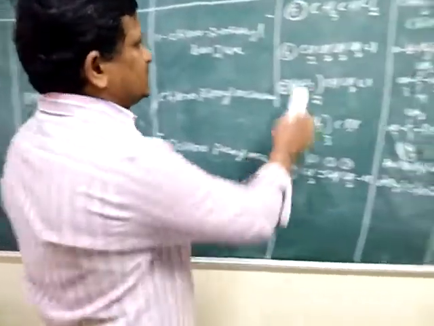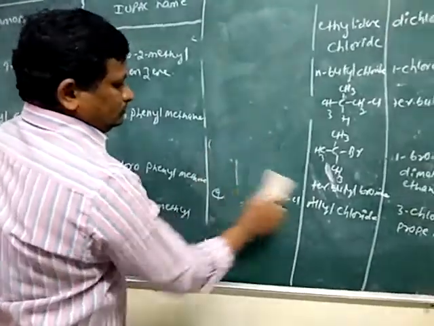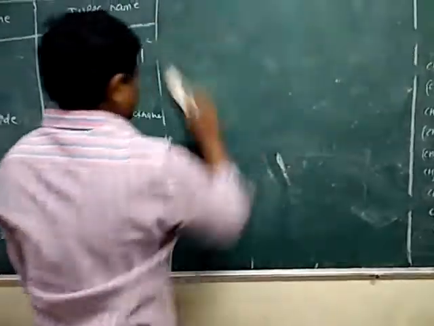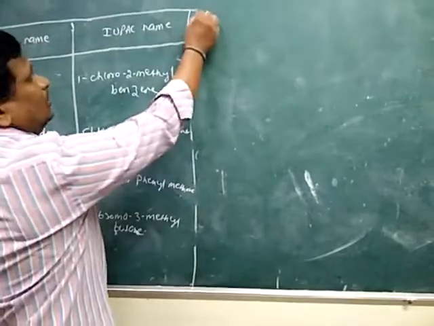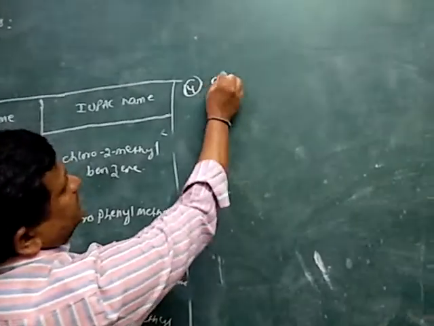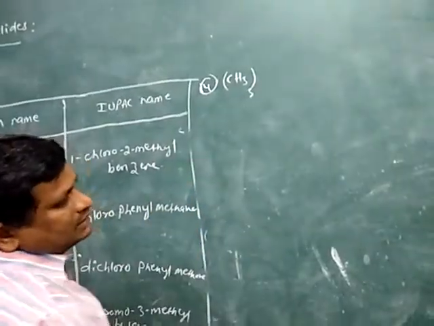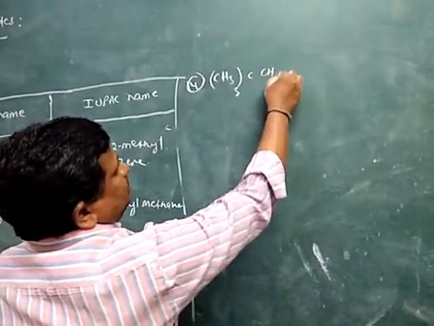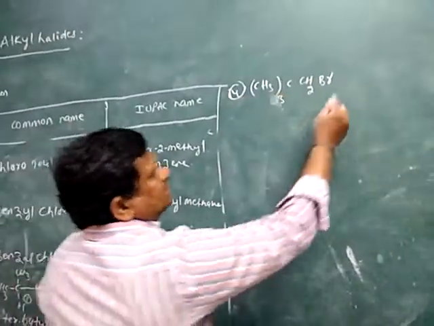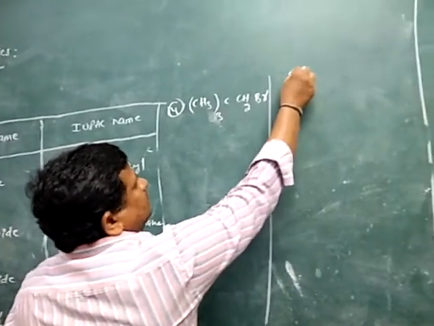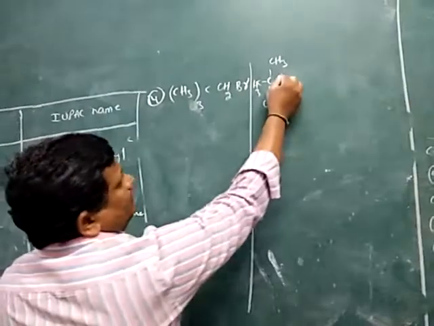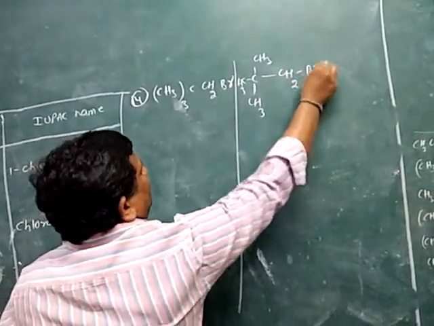The next compound, the 14th compound. For example, let us consider (CH3)3CCH2Br. So the representation is CH3, CH3, CH3 on a carbon, then CH2, Br.